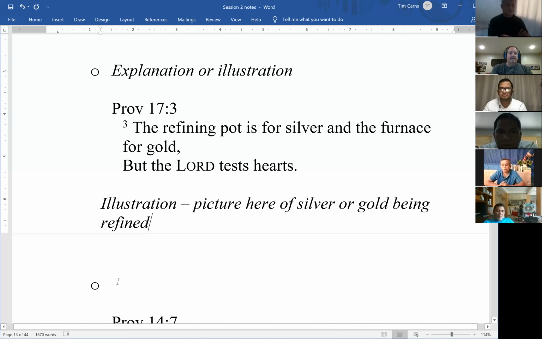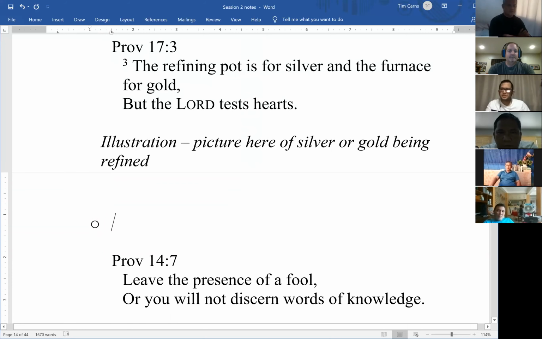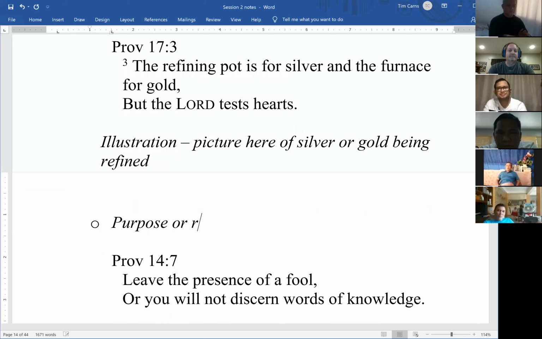And then there's a third type of developmental purpose, or reason. Okay, purpose and reason are the same thing, or result. So, here's an example.